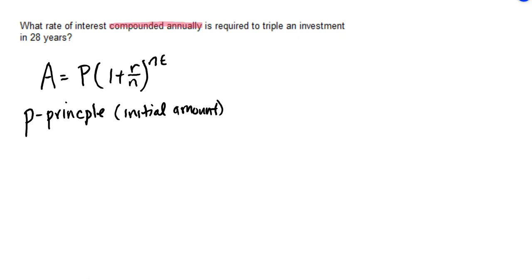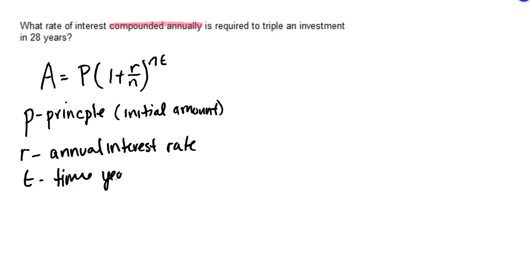R is your interest rate, your annual interest rate. T is for time in years. N is the number of compoundings in 1 year.